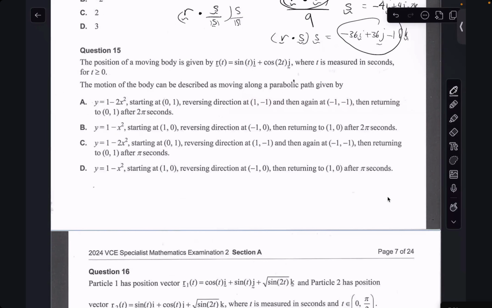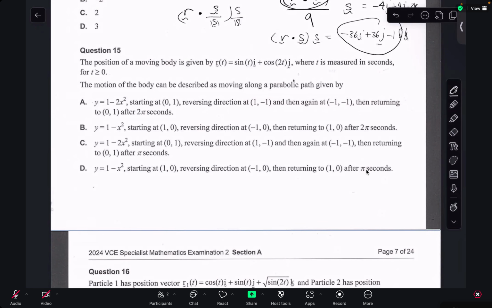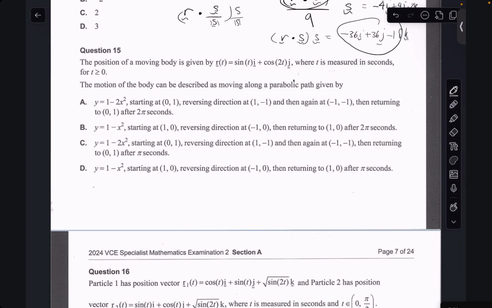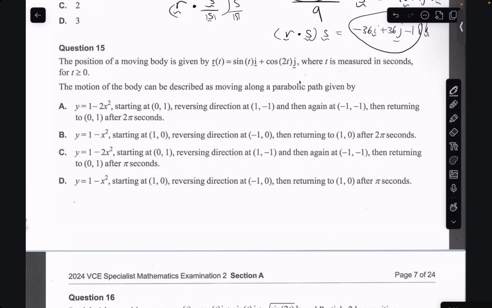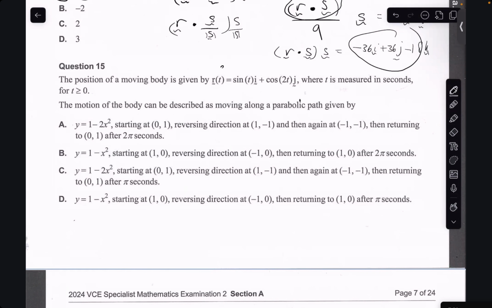The position of a moving body is given by that, where t is measured in seconds. The motion of the body can be described as moving along a parabolic path given by. Okay, so this is sine t, and this is 1 minus 2 sine squared t, and so y is 1 minus 2x squared, so not that.